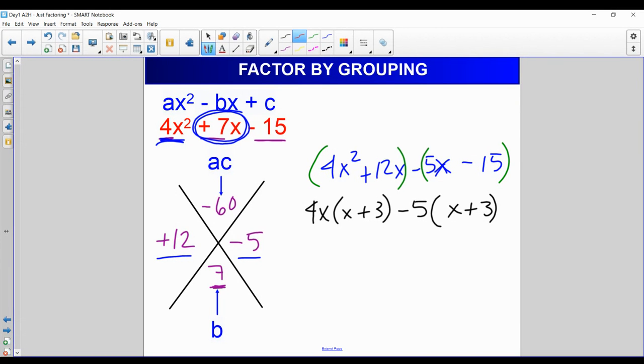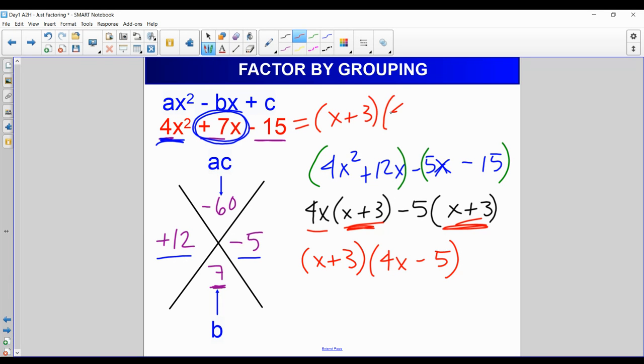So we're always trying to have what we're leaving be the same so that I can factor that out, x plus 3, and then what's left is 4x minus 5. So 4x squared plus 7x minus 15 in its factored form is x plus 3 times 4x minus 5.